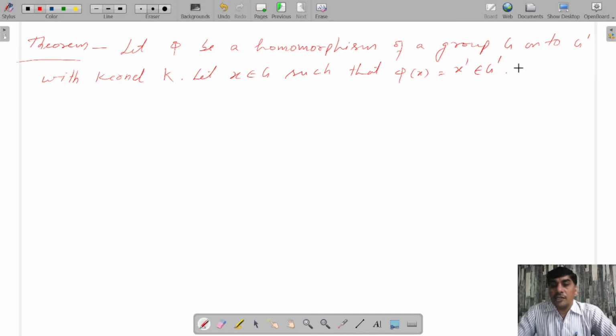Then show that Kx is equal to phi inverse of x dash.